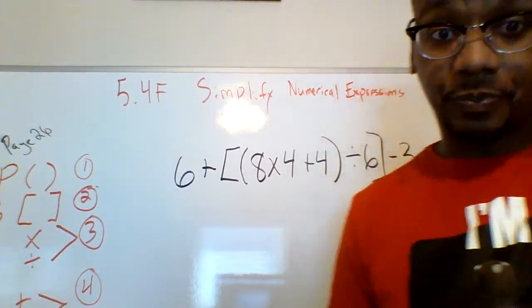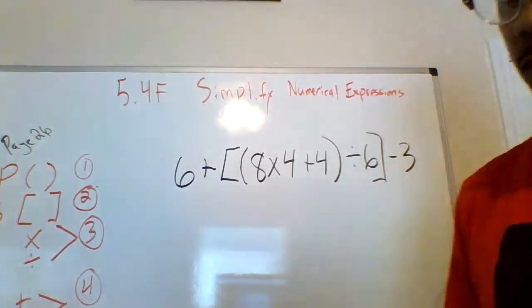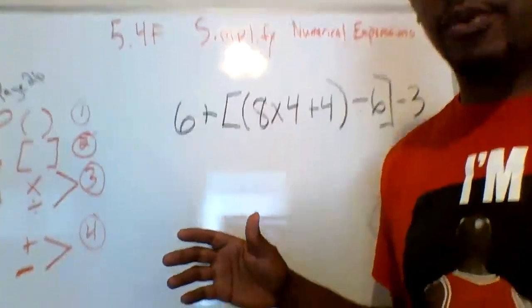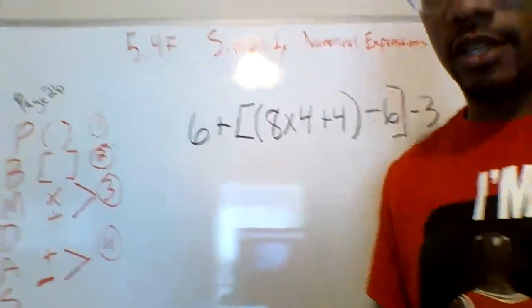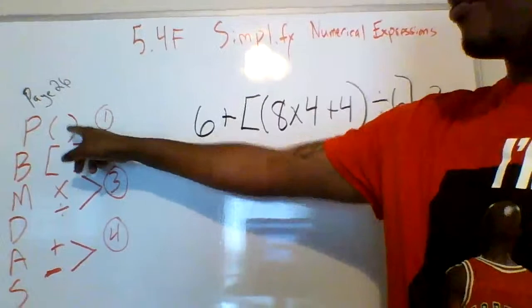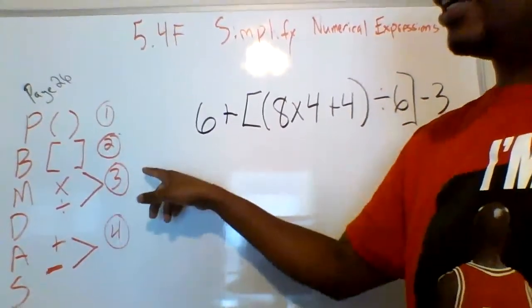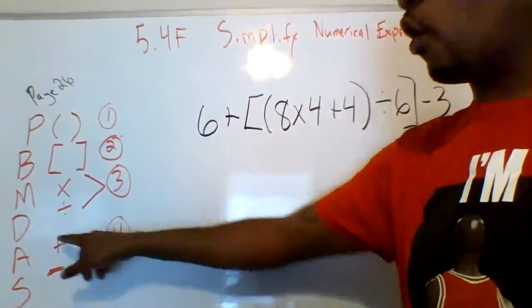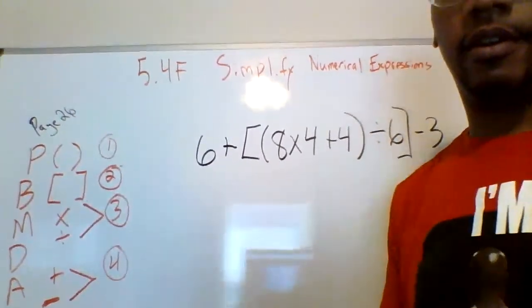Now, I'm still going to use the order of operations. The order again. Step 1 is parentheses. Step 2, brackets. Step 3, multiply or divide left to right. And step 4, add or subtract left to right.